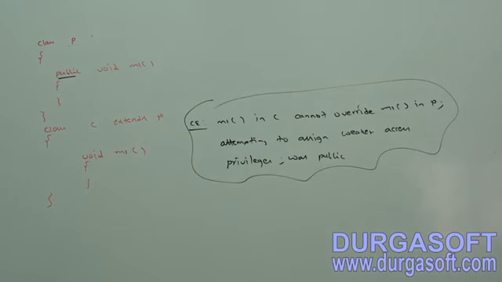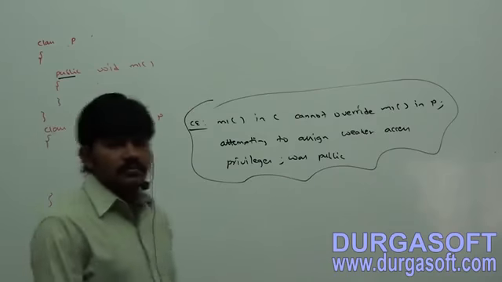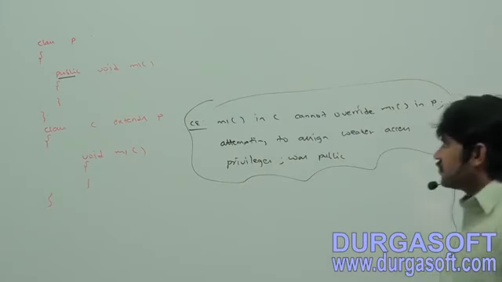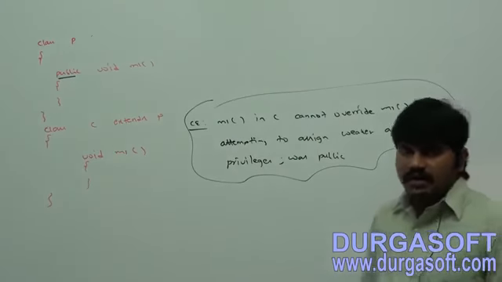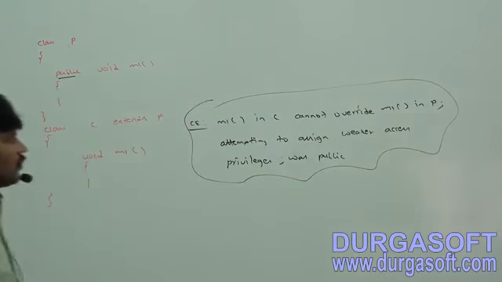Class P has public void M1. Class C extends P, with void M1. Observe the compilation error clearly.